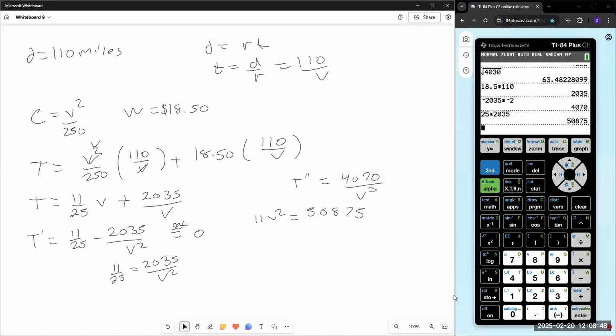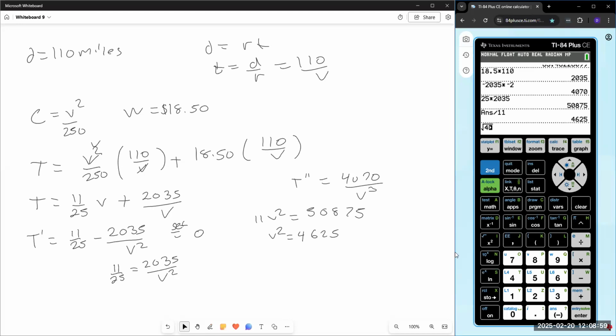And I'm going to divide that by 11. And I get V squared is equal to 4625. And the square root of 4625 is V is about 68.0 miles per hour.